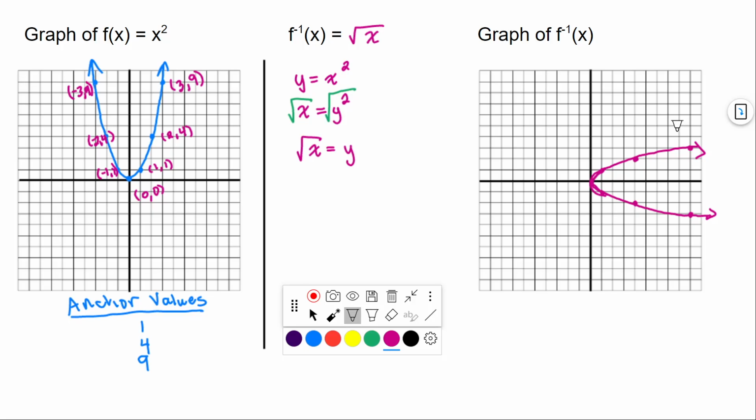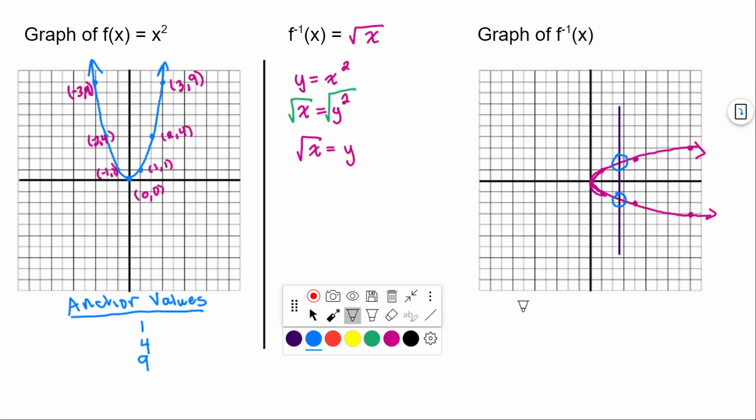Now, there's something we need to talk about with this particular parabola. If I draw a vertical line, and it doesn't matter where I place the vertical line, it can go anywhere along here. What I'm going to see at every point except for the vertex, anywhere that I place this vertical line, I'm going to end up with 2 y values for 1 x value.